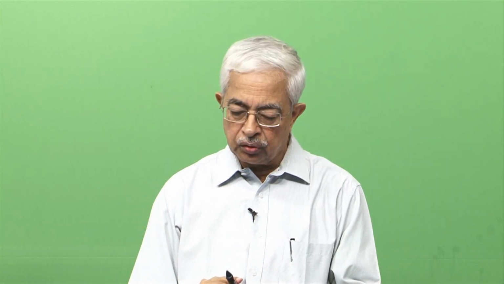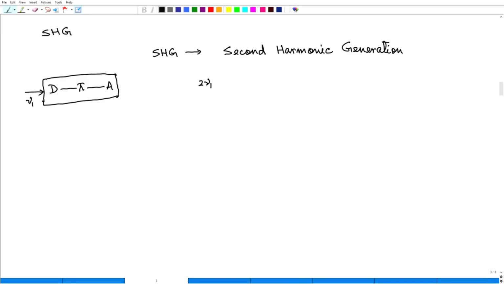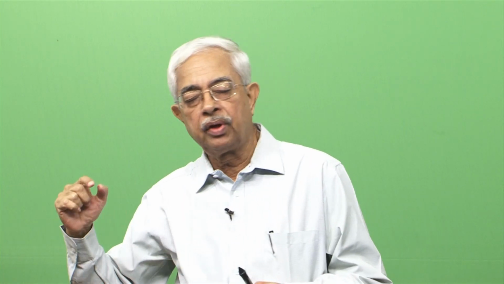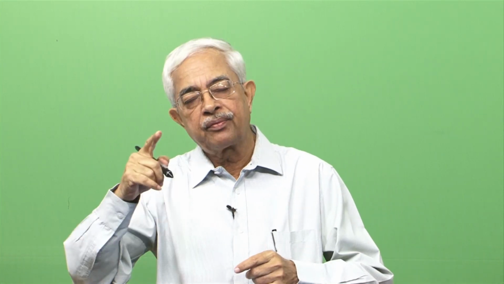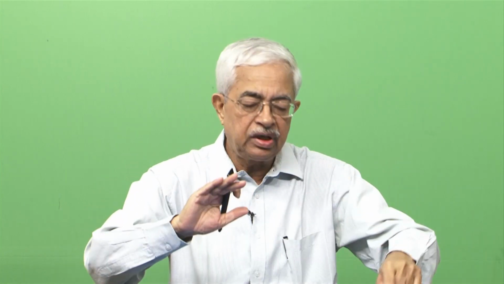These things, second harmonic generation, are very useful in laser spectroscopy. They are also used in defense. Say a plane is going, and the enemy radar, to detect it, will send radio waves.